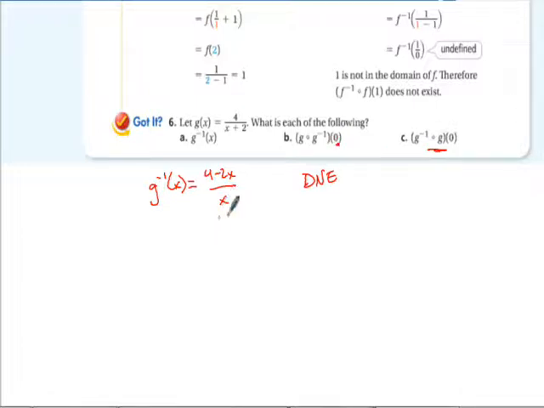It's not going to work. When we plug 0 into the original, and then into the inverse, we get 0. We get 0 because we end up with 2, and then 4 minus 2 times 2 is 0 up top and 2 on the bottom, so this one is 0.